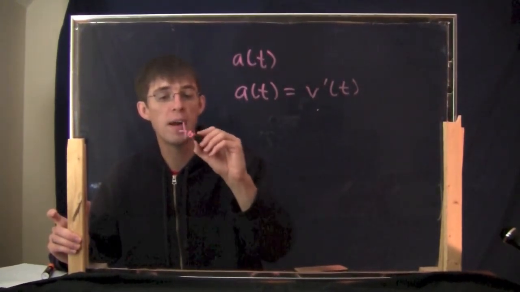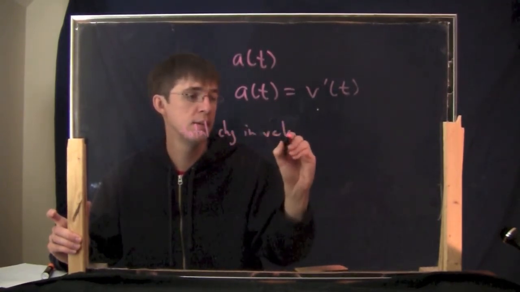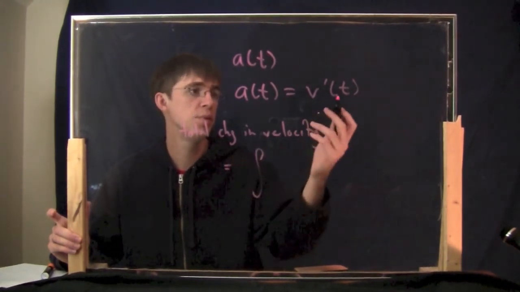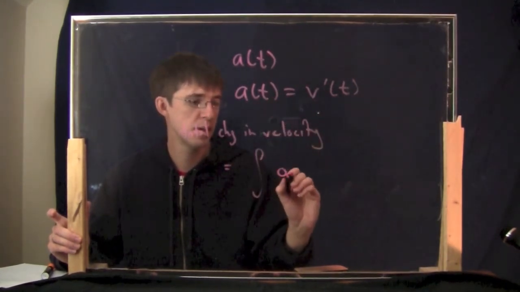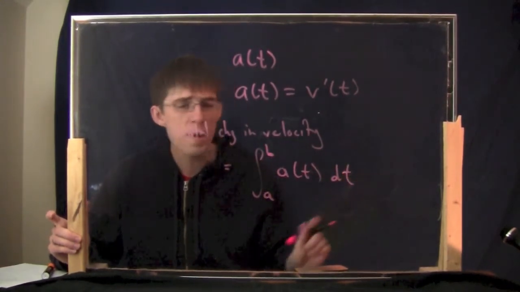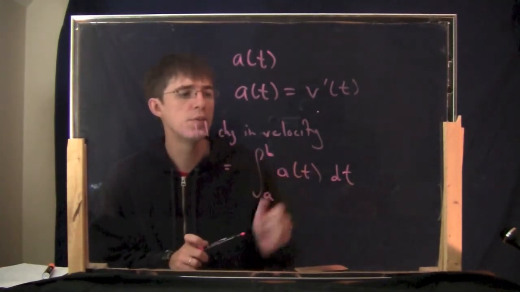So we can find the total change in velocity, which is equal to the integral of the derivative of the velocity, but that's the acceleration, from, say, a to b. What that means is you can use acceleration information to tell you the total change of velocity.